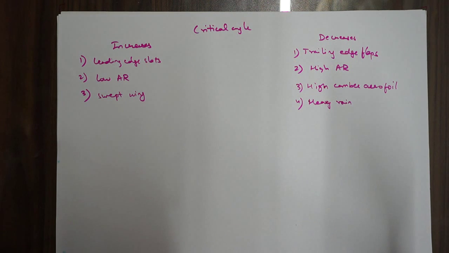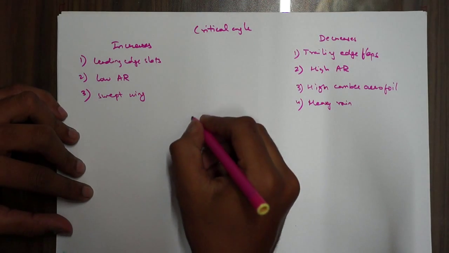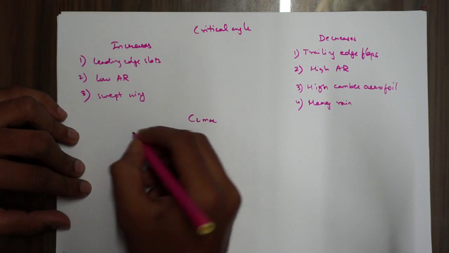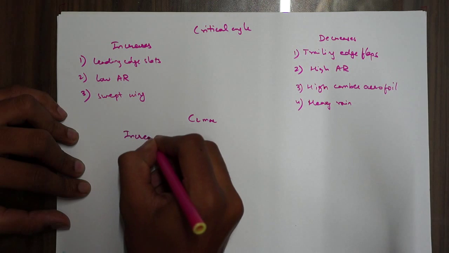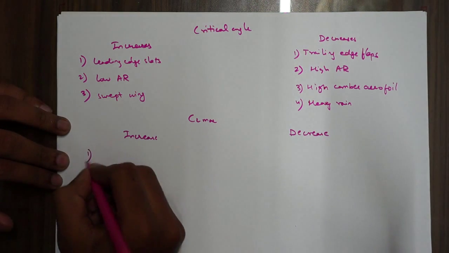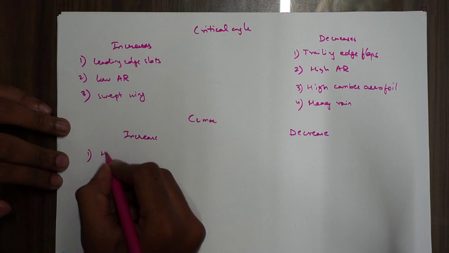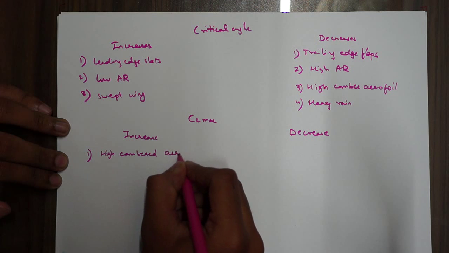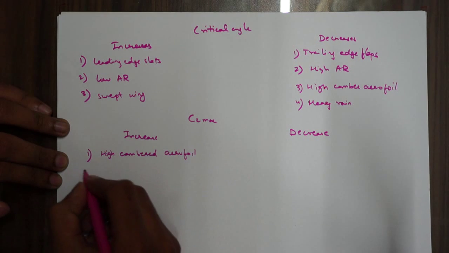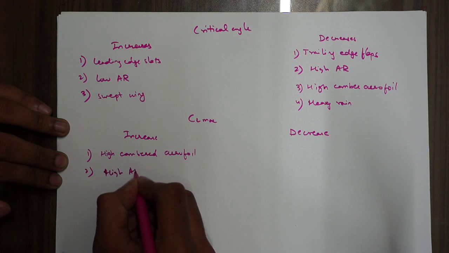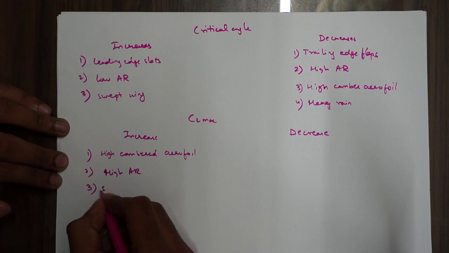So that's all I think about stall. Maybe one more point we can discuss about CL, the coefficient of lift, that is maximum CLmax. What happens to CLmax? When does it increase? When does it decrease? CLmax will increase for a high cambered aerofoil and high aspect ratio, straight wing.